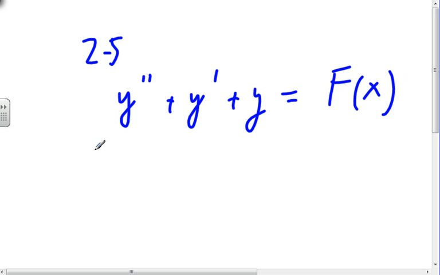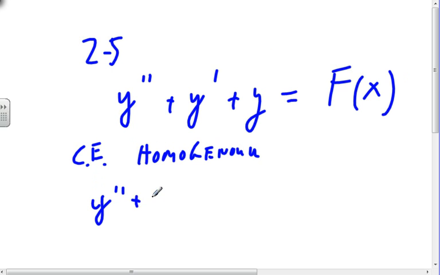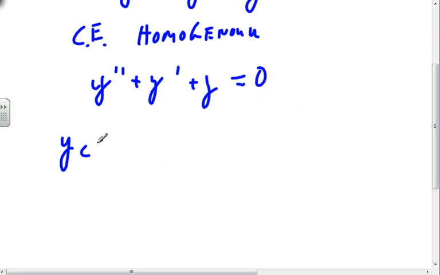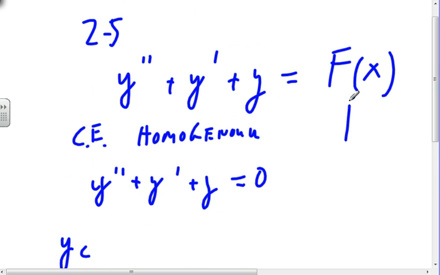What we do is we find the characteristic equation of the homogeneous problem, of y double prime plus y prime plus y equal to 0. We find that characteristic equation and we solve for it.